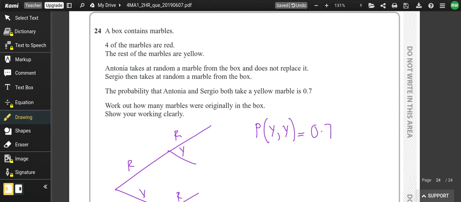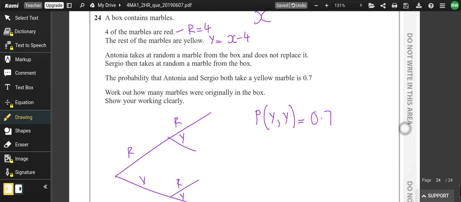Let's call the total number x. The number of red is just 4, and yellow would be the total minus 4.